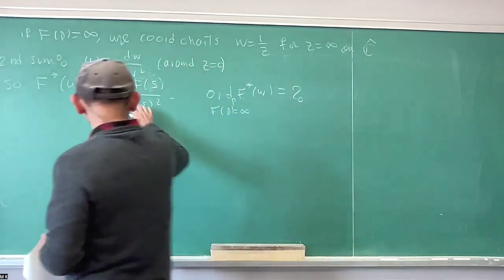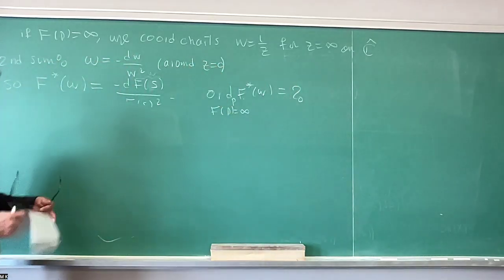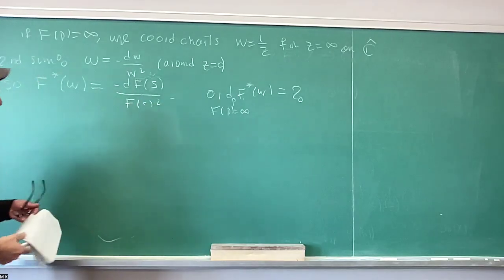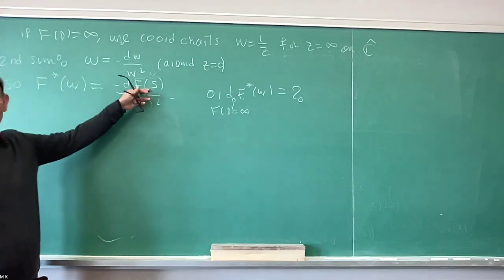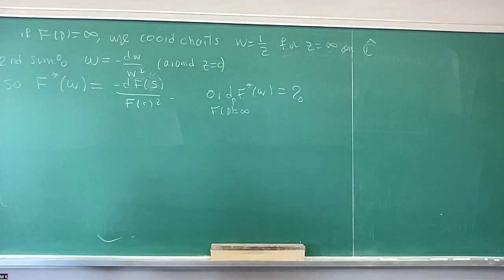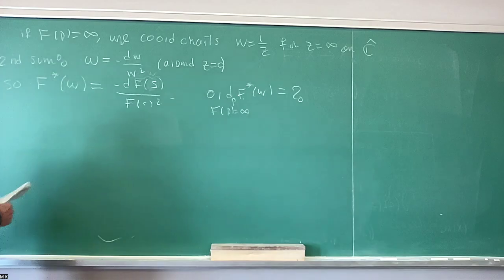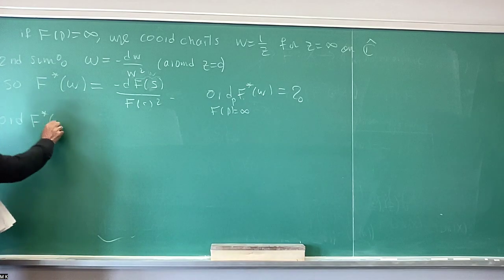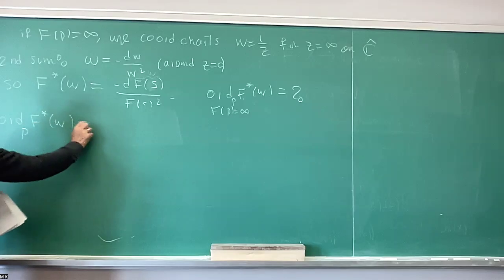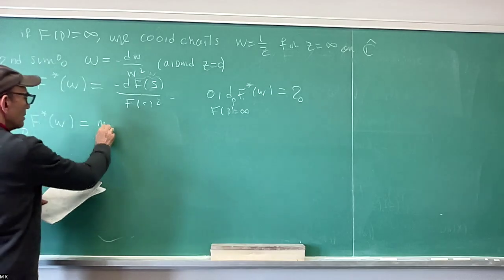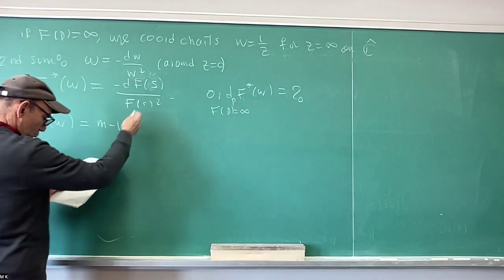Now, how do we compute this? You can easily see what's going on here, because if this f of s has some order, it is locally like s to the m, right? And then the order of this guy is going to be equal to m minus 1 minus 2m.